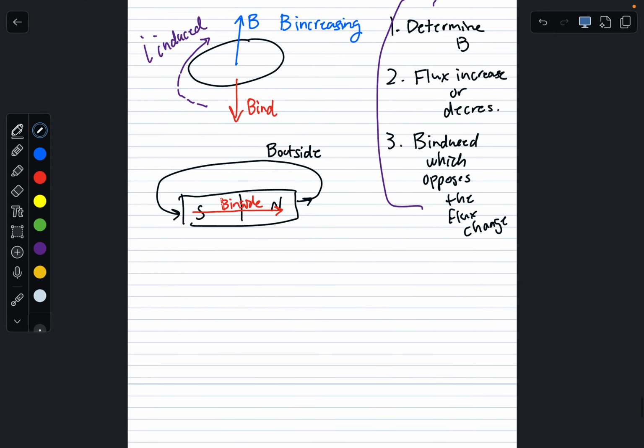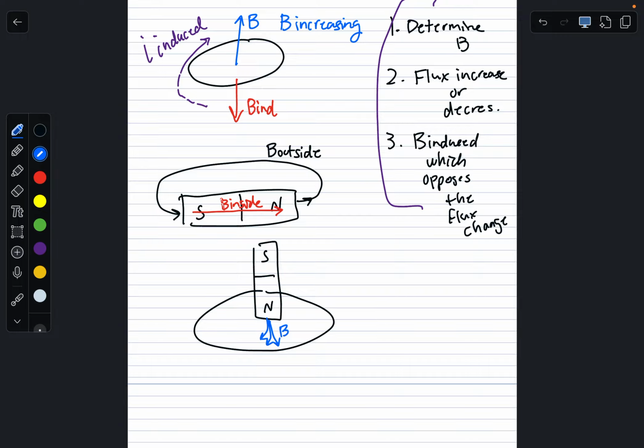So now if I have my loop again, and instead I am dropping a bar magnet instead of a B field vector, let's say north is down, well, I'm going to use that bar magnet to determine what the B field direction is. And since it points out of north, I'm going to get my little arrows, right? So my B is pointing out of north.